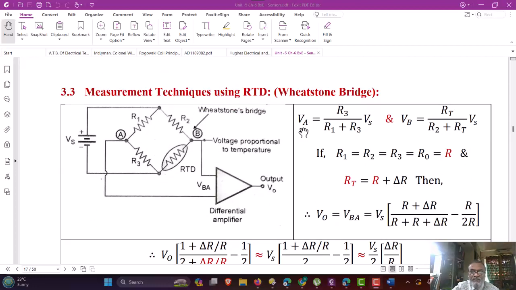The measurement of this change in resistance we have seen can be converted to an appropriate electrical voltage by using a simple technique of Wheatstone Bridge. See here, the Wheatstone Bridge with four arms is shown.